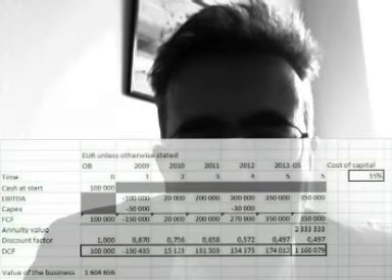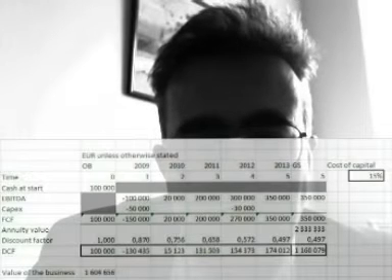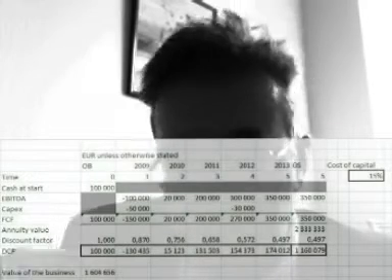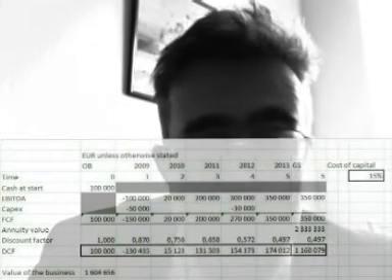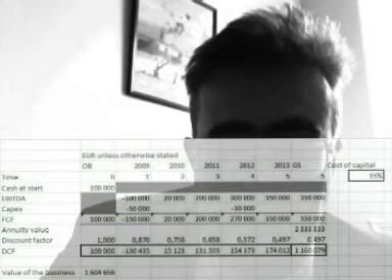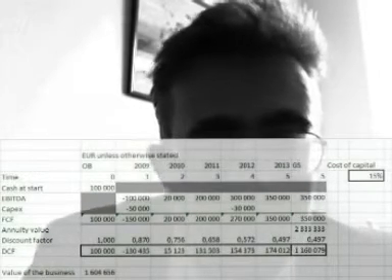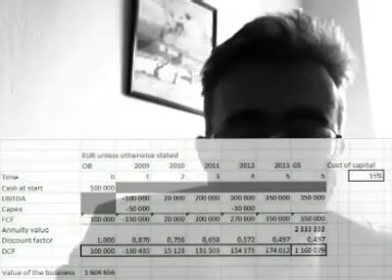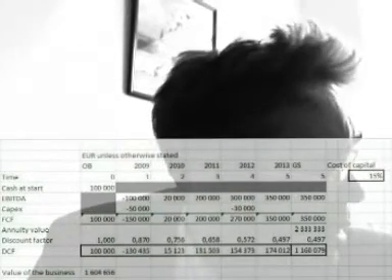What we do with this is we assume that this divided by the cost of capital is the annuity, or the value of that annuity. So we say annuity value at the end, and remember we're doing all this in column H, and that is also assumed to be time 5.